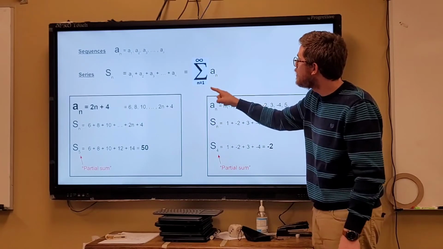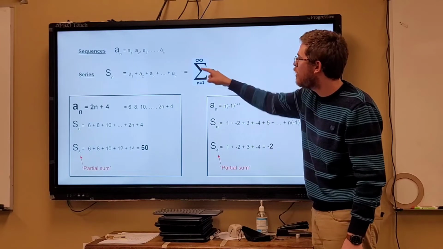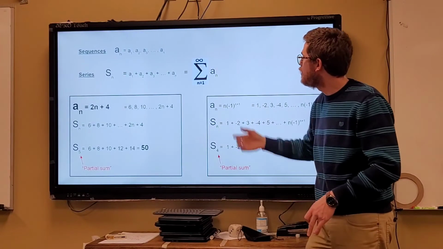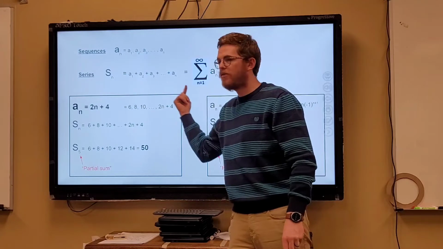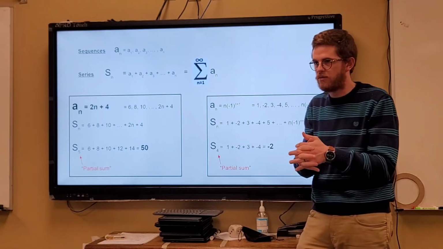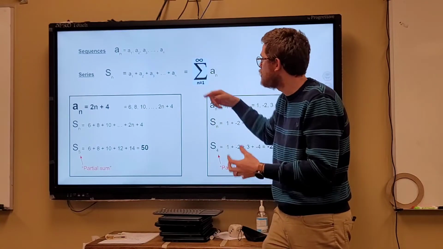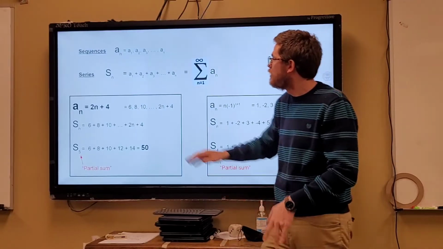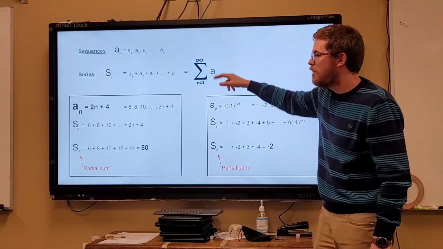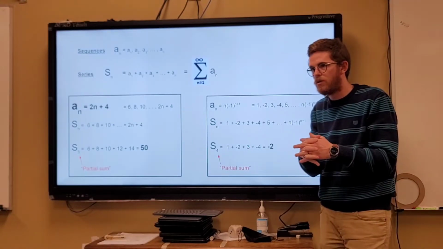If we're adding them along the way all the way to infinity, then we are adding all of the values of our series. We're collecting them, our summation is adding them. So a series and that summation go together.